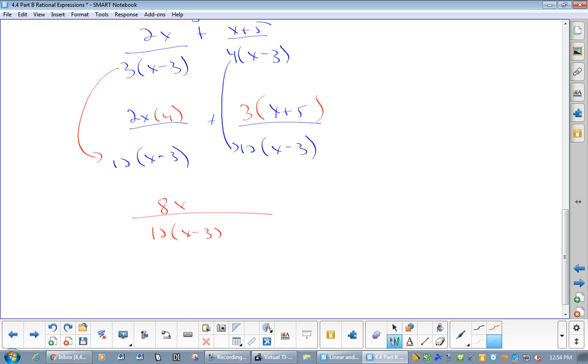That's 8x plus 3x plus 15. That is 11x plus 15 over 12 times x minus 3. Can I factor anything out? No. And so then we just finish by saying x cannot equal 3.